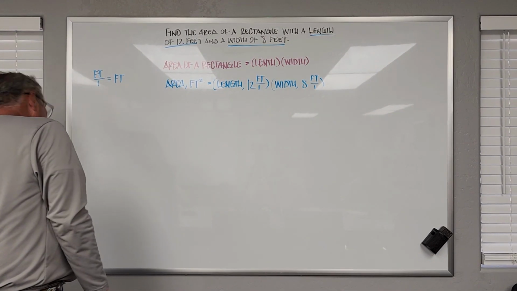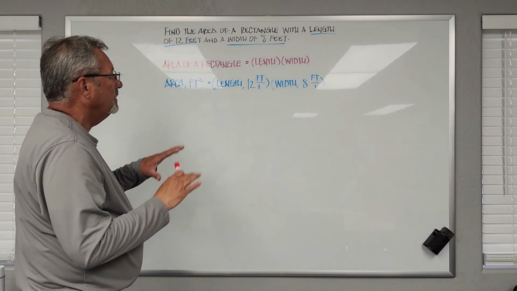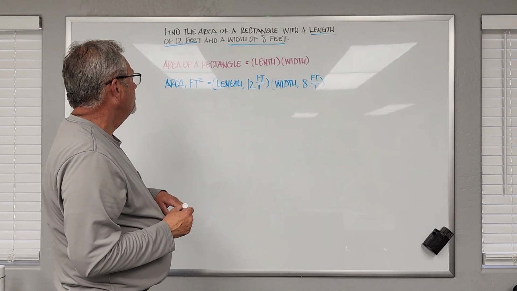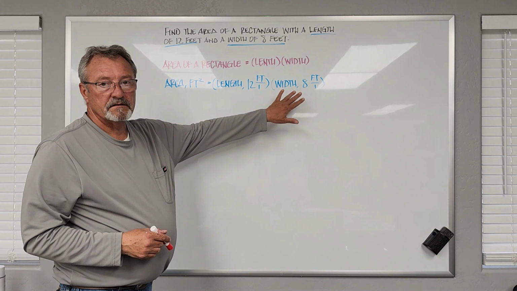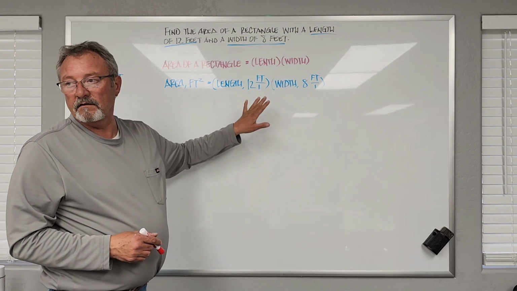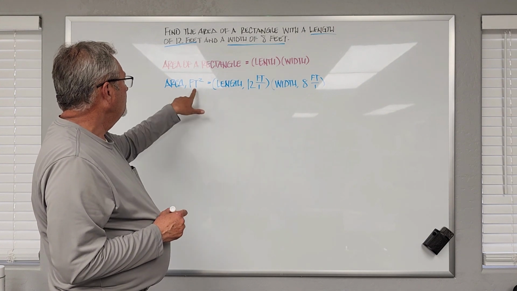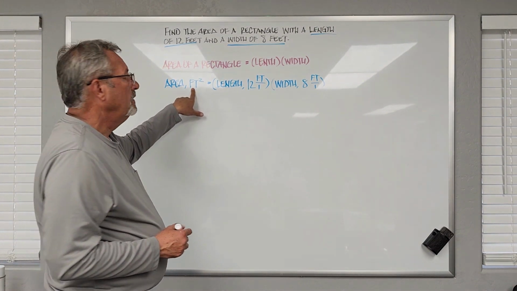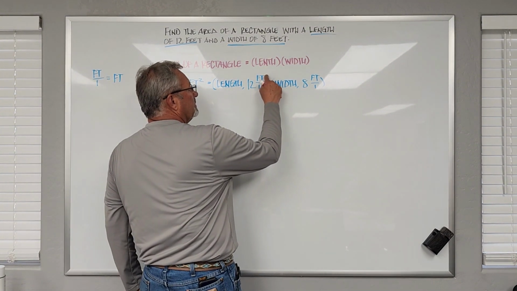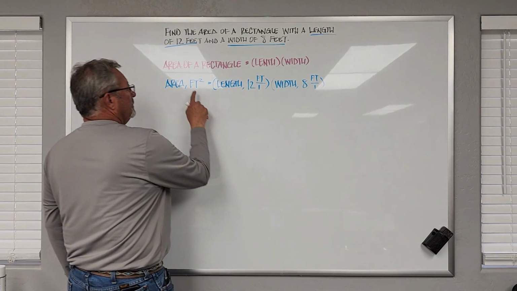Now this is simply a simple example of why this is important. I want to know that my formula is correct before I even use my calculator to solve. I'm looking for square footage. When you multiply feet times feet, you get square feet.